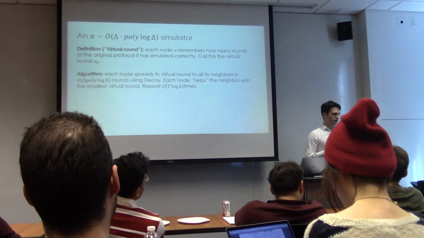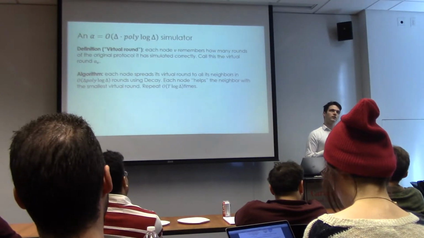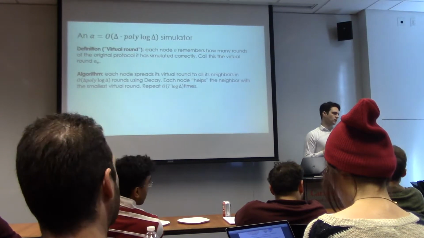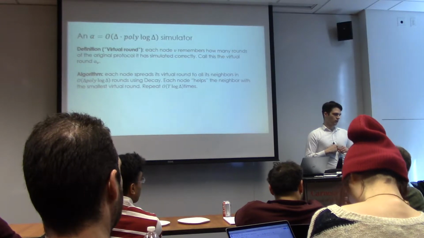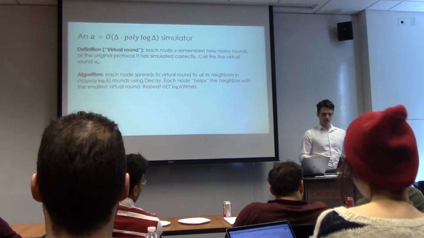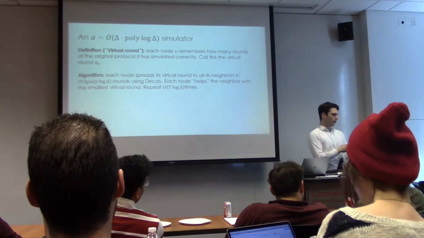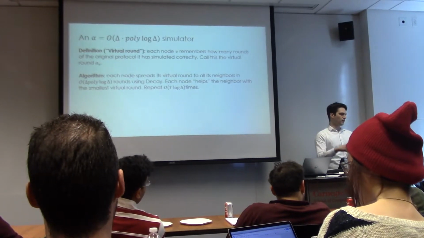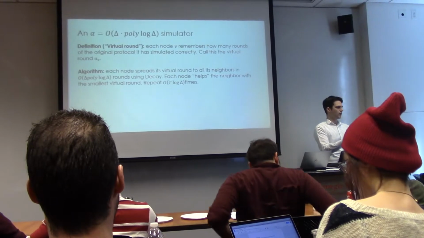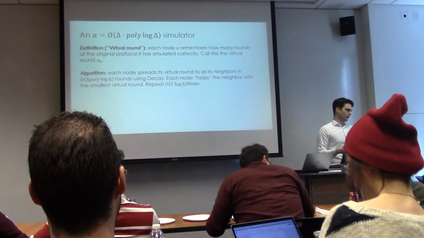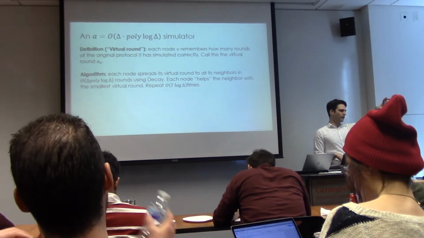When you say correctly, you don't mean with respect to noise? No, so in the noisy setting, a message can either be dropped or correctly received. Because the messages are big, like a kilobyte, you can always have enough hashes and headers to not have corruptions. So you either have correct or drop.